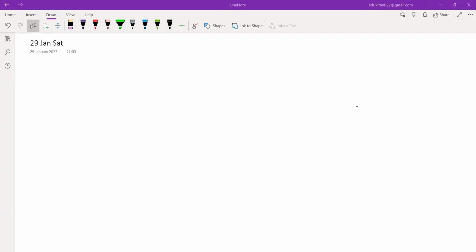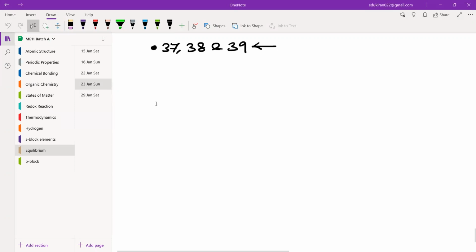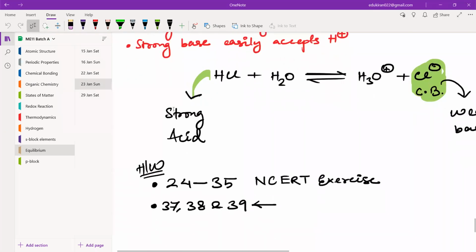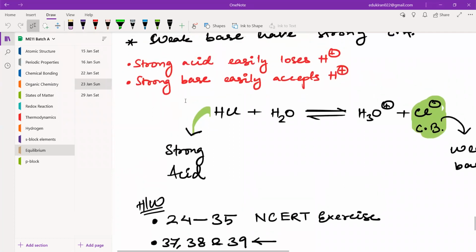I think we are done till Bronsted-Lowry acid-base concept, right? Hamza, what happened? Yes, I'm still finding it, sir. I don't know where I kept that.